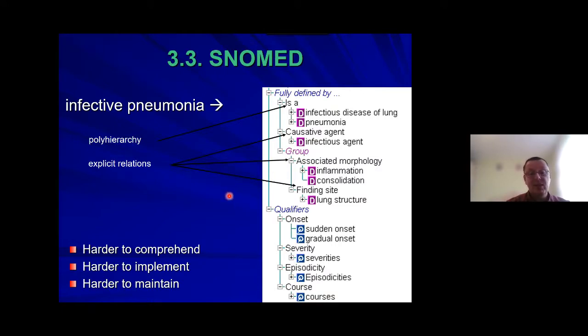of polyhierarchy and explicit relationships, if you want to depict infective pneumonia diseases and how we can identify our possible codes. And for sure, here we have an extreme need for information technologies, because searching all this classification manually with different code books is definitely possible, but it's extremely hard to find our possible codes using paper indexes.